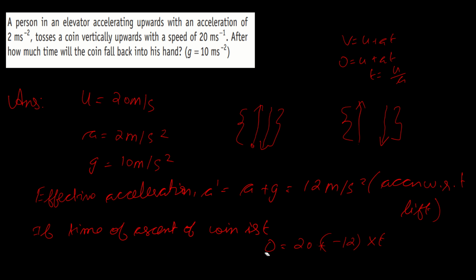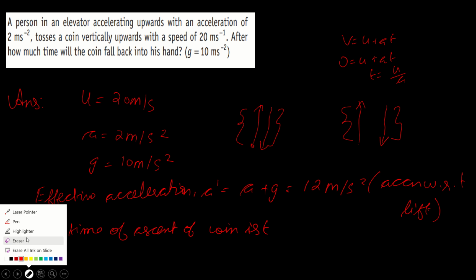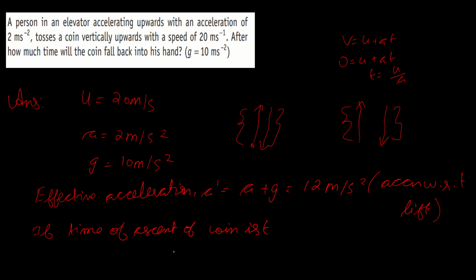If the time of ascent of the coin is t, then we can use this formula: t dash is equal to 2u by a dash, where 2 into 20 divided by 12 is equal to 40 by 12.